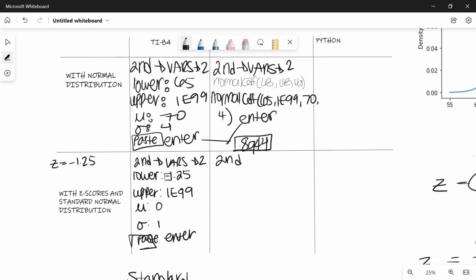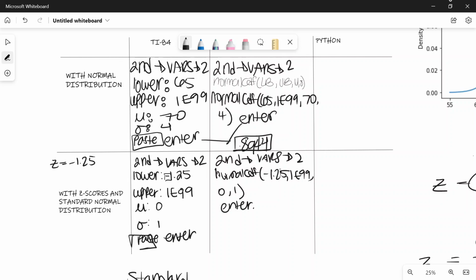So in a TI-84, you do second, vars 2, you do normal CDF, you plug in your value there, 1E99, and then you plug in 0, 1, click enter, and I'll do that in my TI-83.